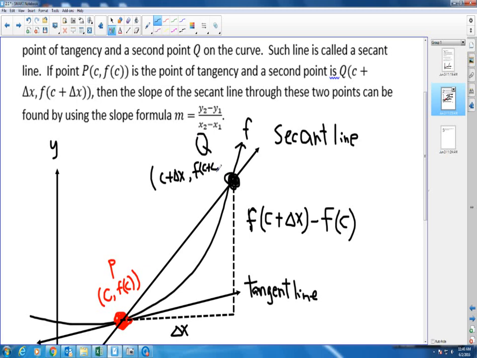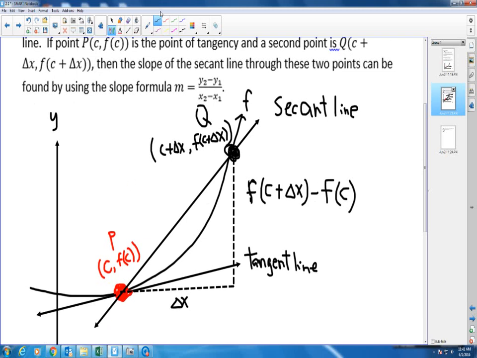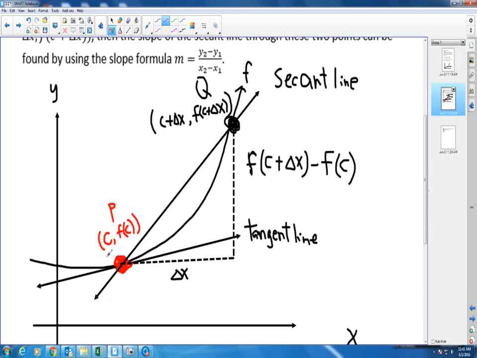And I do understand this is a little bit confusing because we're using a lot of symbols rather than actual numbers. So like I said, just pretend c is 1 and this here is 5. So the change will go from 1 to 5 to reach that point.